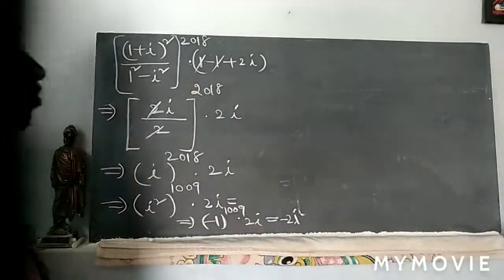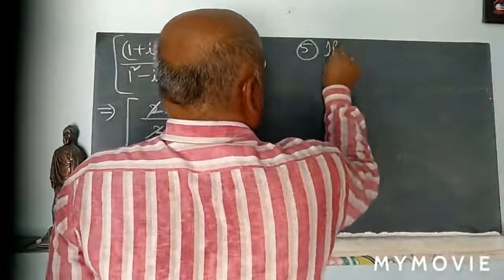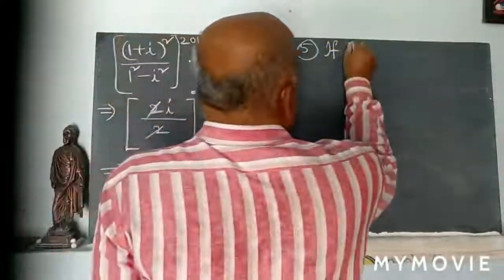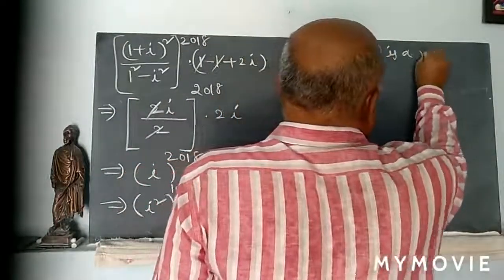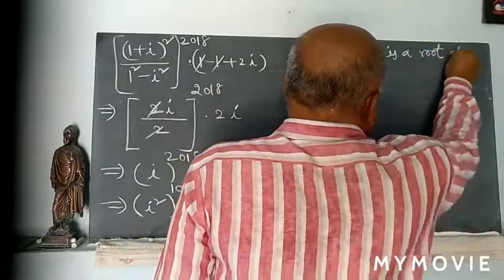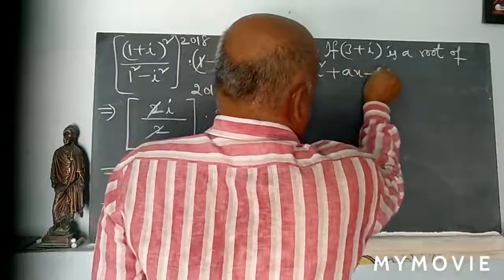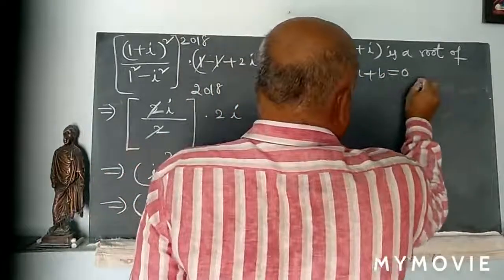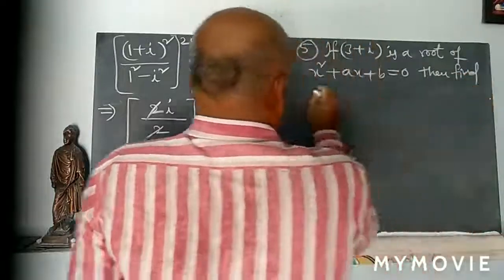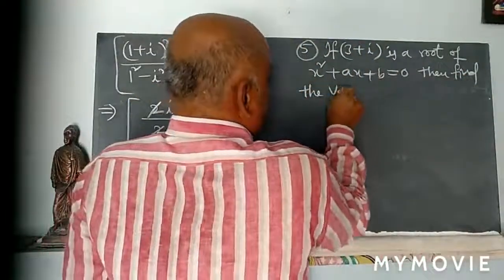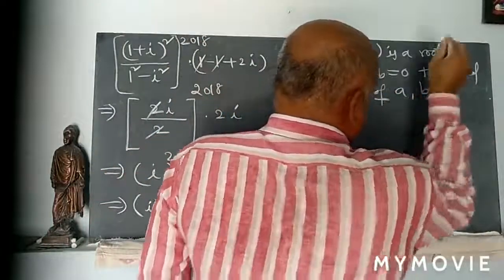The next problem, fifth one. If 3 plus i is a root of x square plus ax plus b equal to 0, then find the values of a, b.